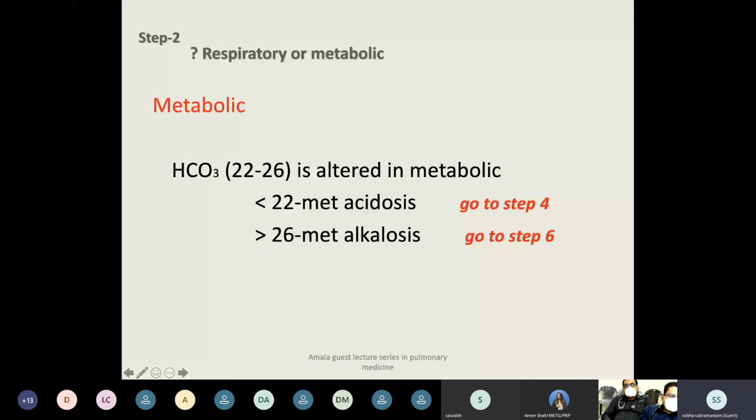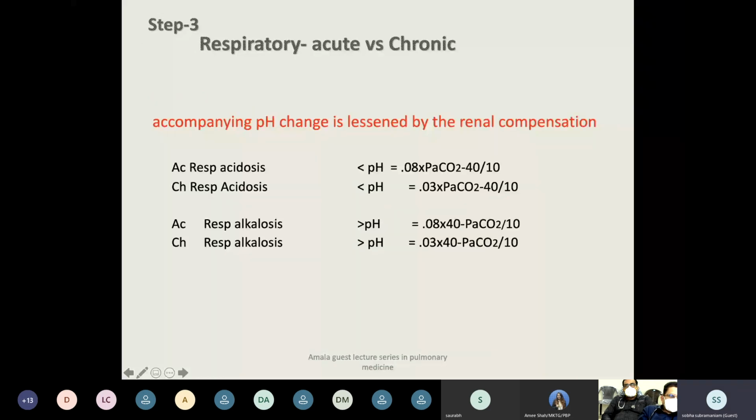You have a respiratory problem. It can be acidosis or alkalosis, but you need to know whether it is an acute problem or chronic problem. Acute respiratory problems are accompanied by large pH change because kidney is a slow goer. So kidney takes more time for compensation, like days to weeks. So the pH change in acute will be large.